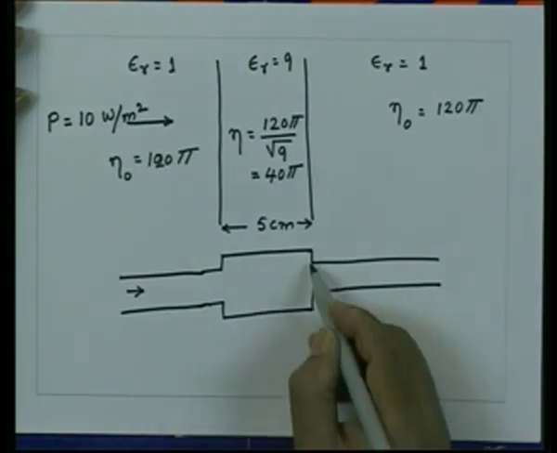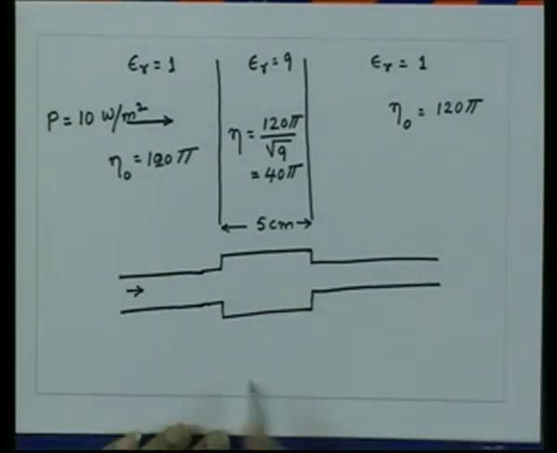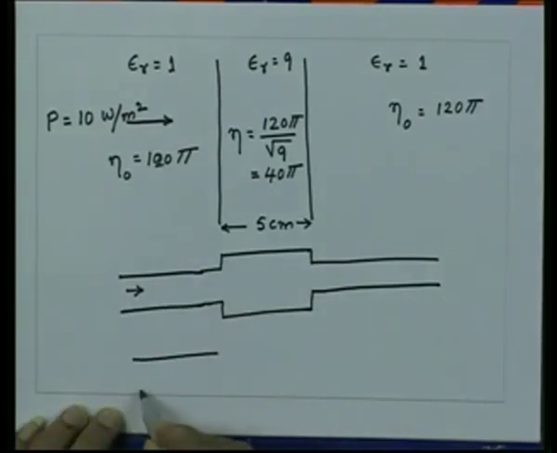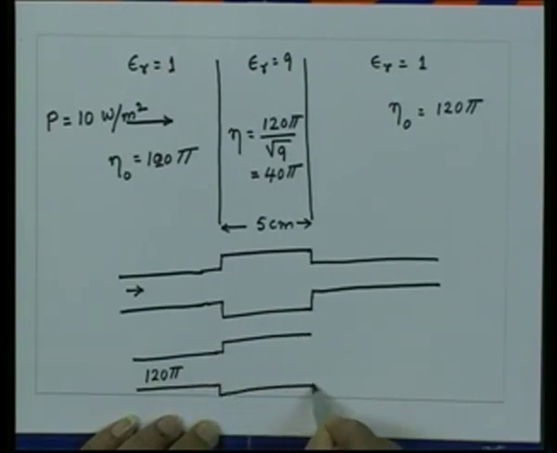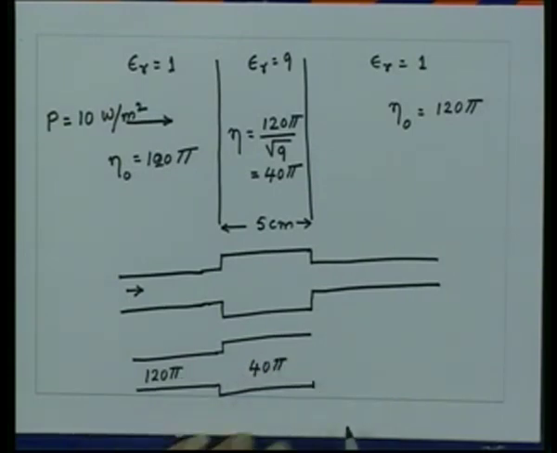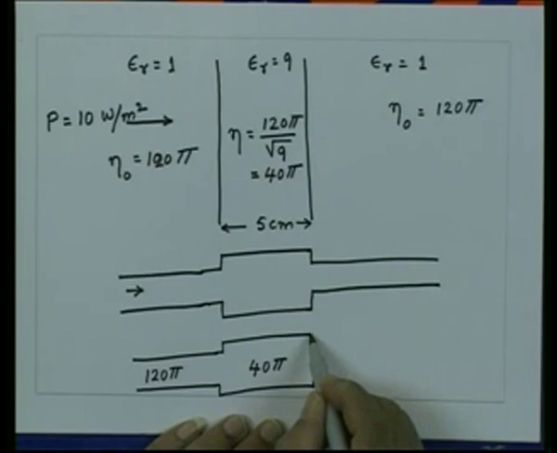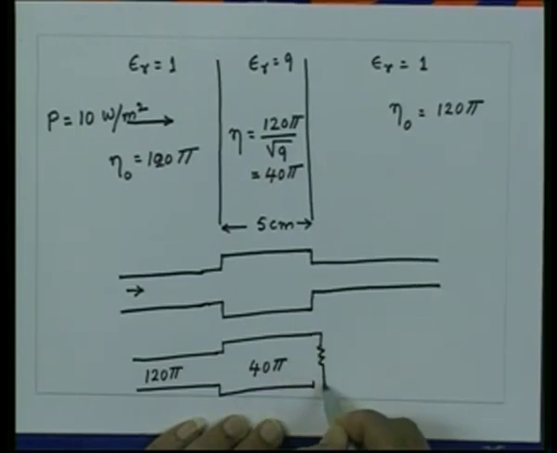So, this section is equivalent to a transmission line of 120 pi, then a transmission line of 40 pi characteristic impedance, and this line is terminated in an impedance equal to 120 pi.